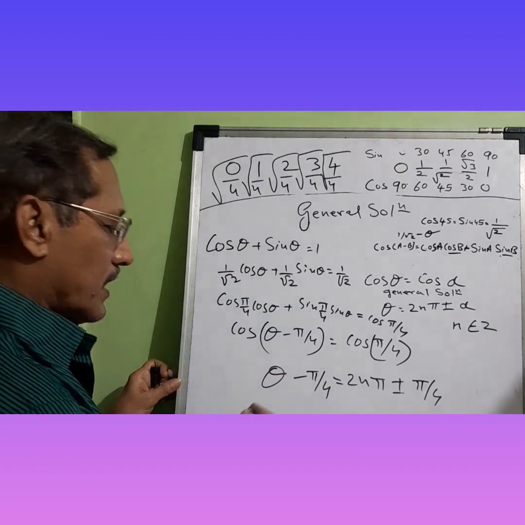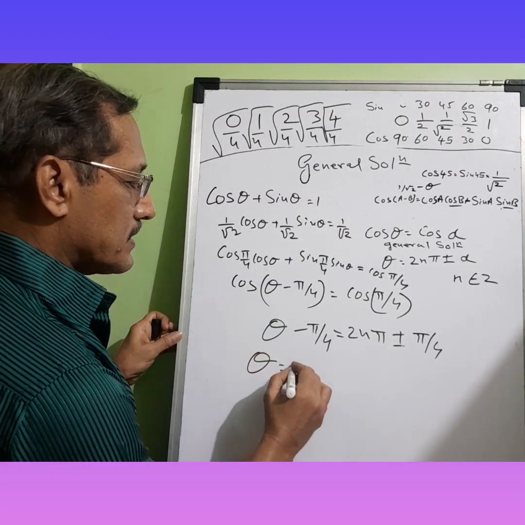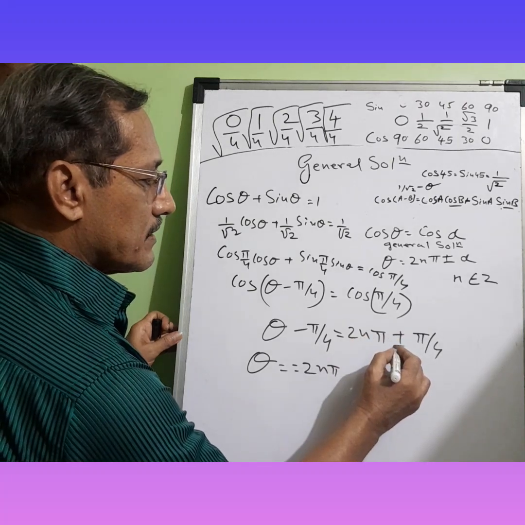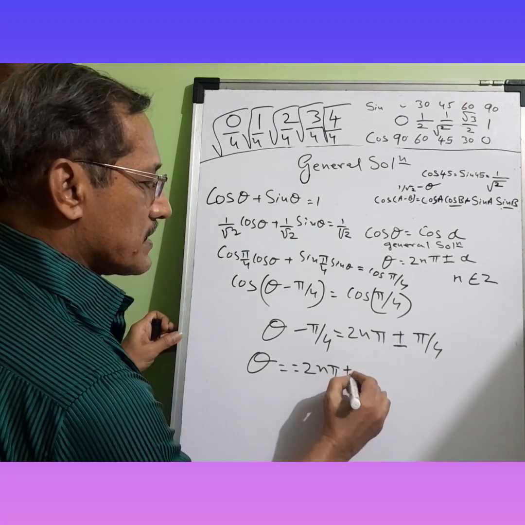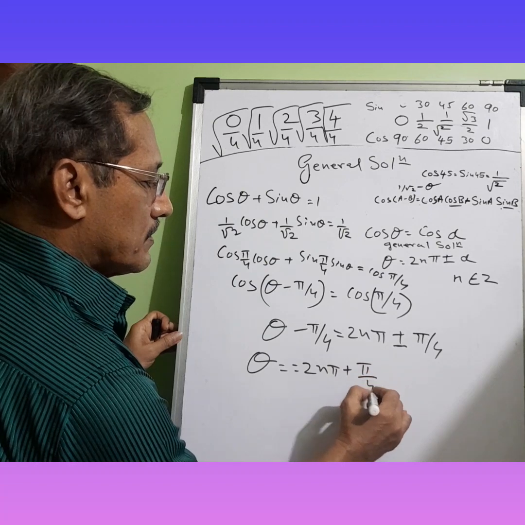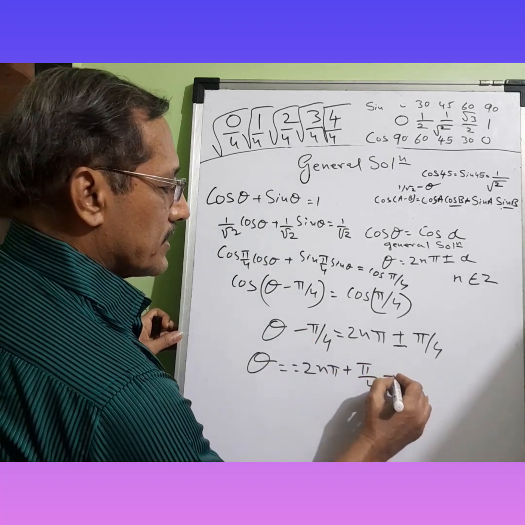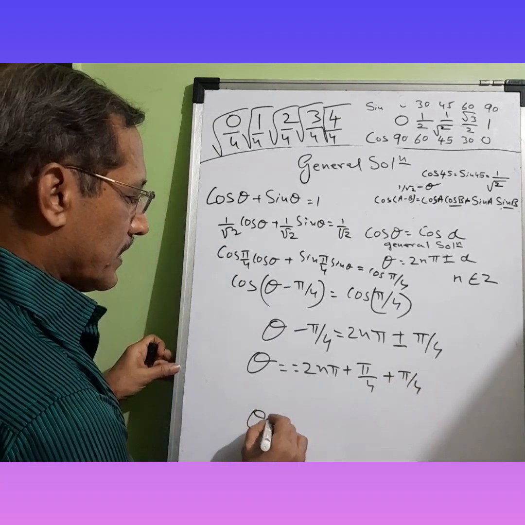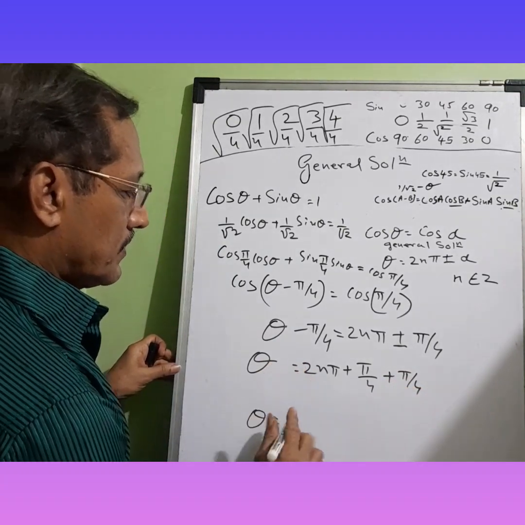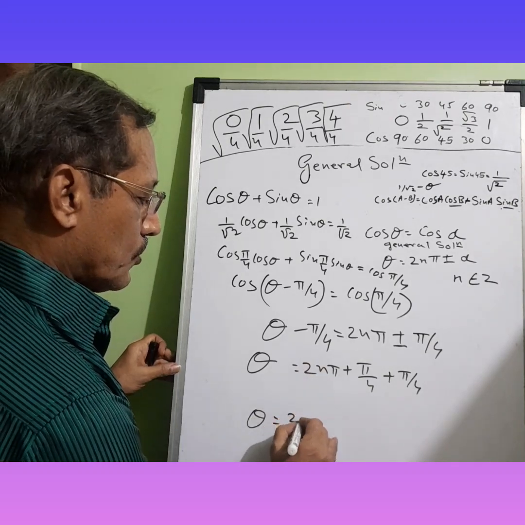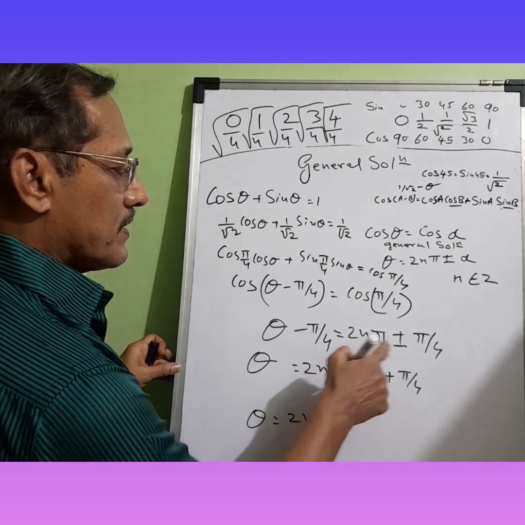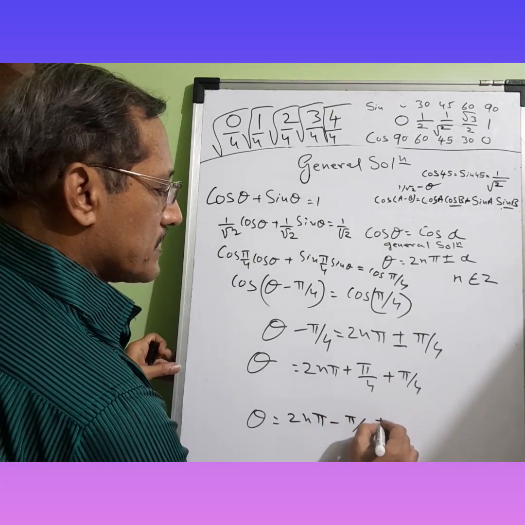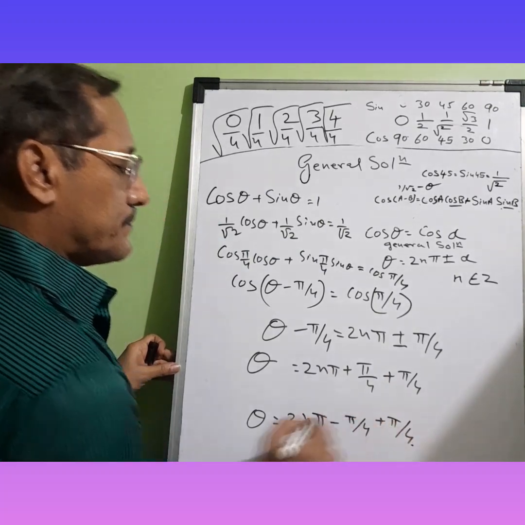Now I want to get the value for theta. So theta is equal to 2n pi, let's take plus first, plus pi by 4. This I'll take there, so this becomes plus pi by 4, and the other value would be theta is equal to 2n pi, I'll take minus pi by 4 plus pi by 4.